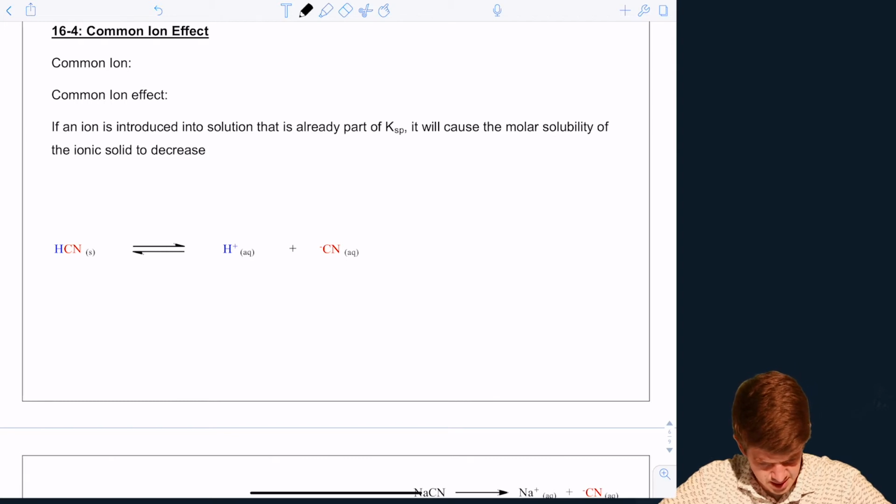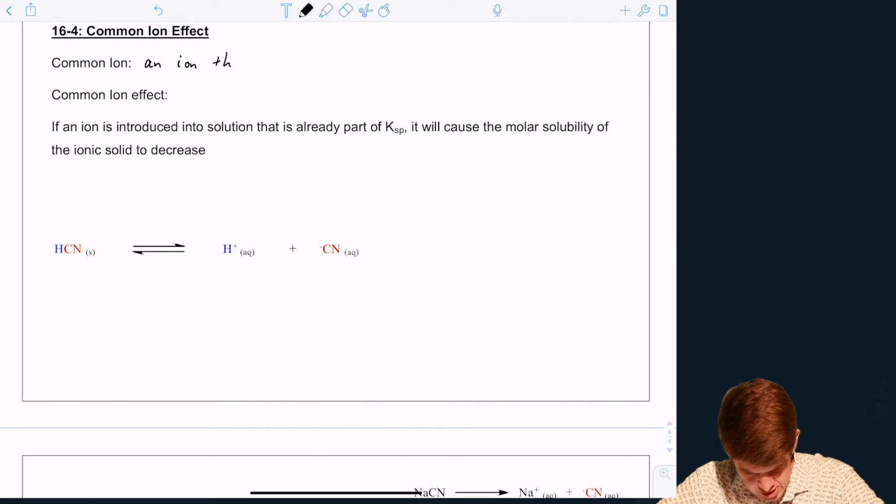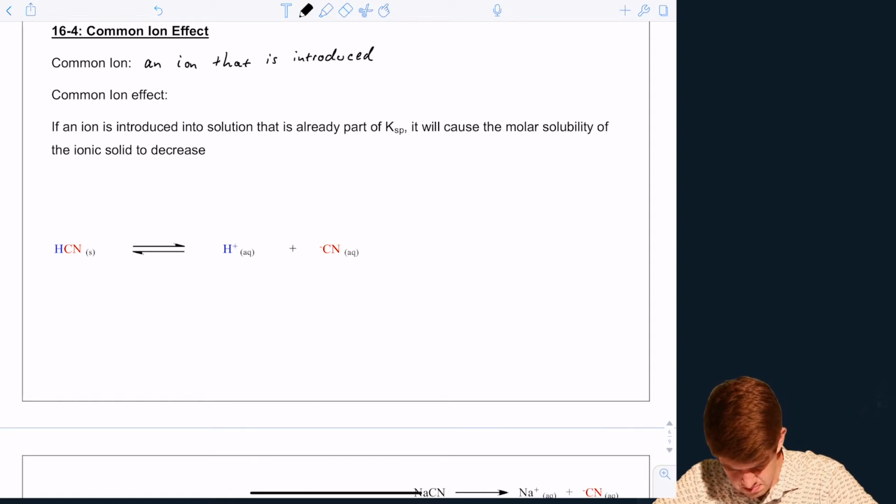So a common ion is just going to be an ion that is introduced into solution from two different sources.